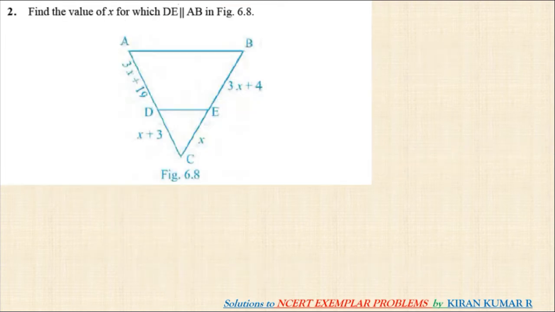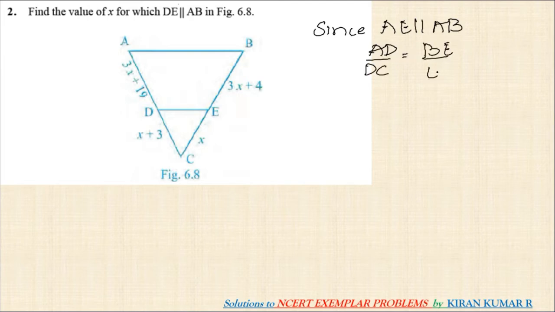Second question. Find the value of X for which DE is parallel to AB. Since DE is parallel to AB, we have the ratio of the sides. I can write AD upon DC will become equal to BE upon EC.